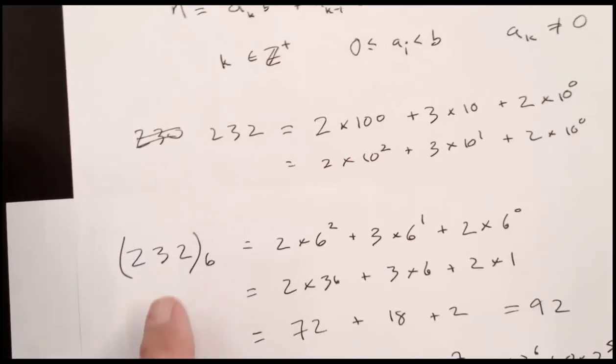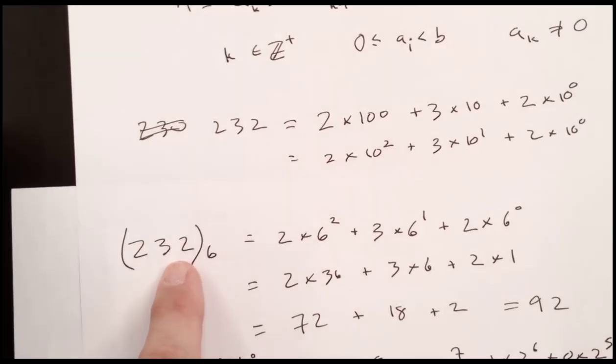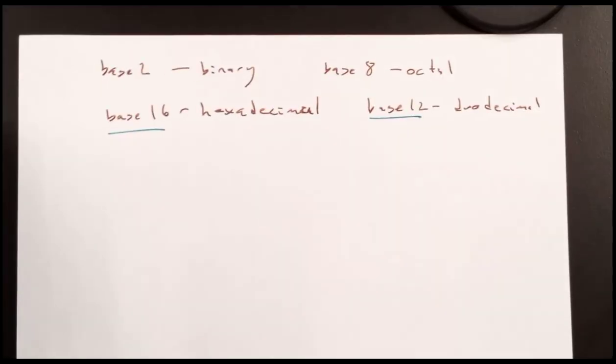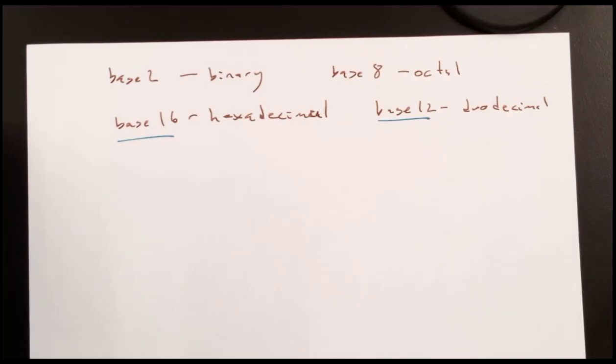Well, in base 6 I can't use a digit bigger than 6. In base 2 I can't use a digit bigger than 2. But if I'm in duodecimal or hexadecimal, I have a digit no bigger than 12. Means I need a single symbol in base 12.